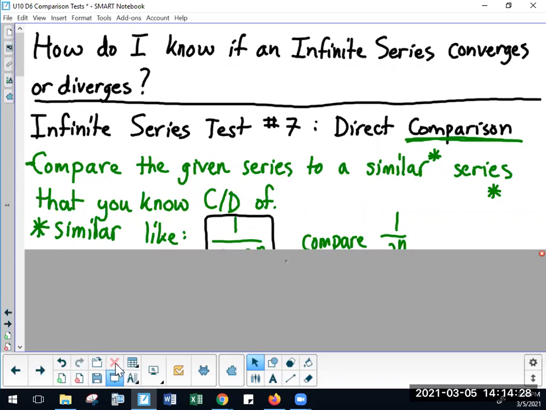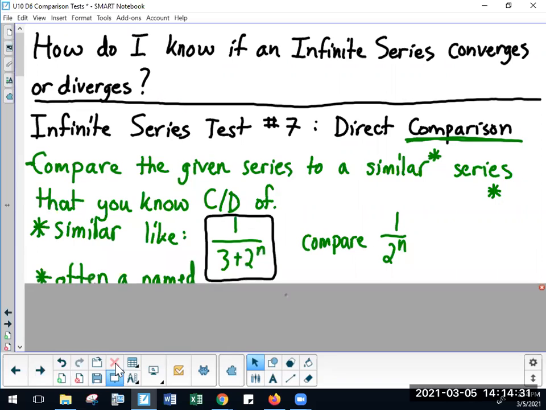For example, 1 divided by 3 plus 2 to the nth power, I would compare to 1 divided by 2 to the nth power. That's what I mean by similar. 1 divided by 2 to the nth power is a geometric series. R is 1/2, and the absolute value of 1/2 is less than 1. So that is a convergent geometric series.